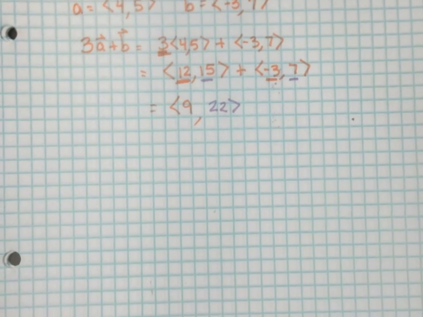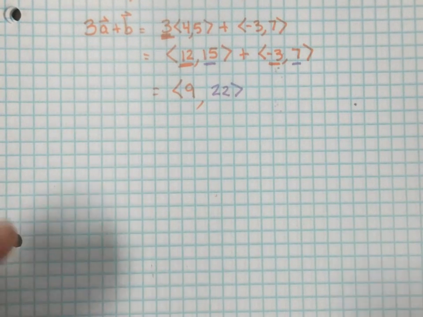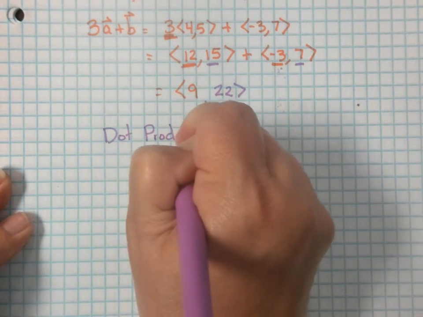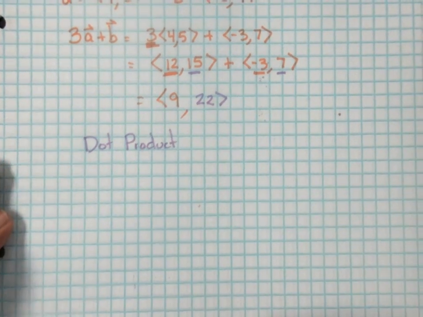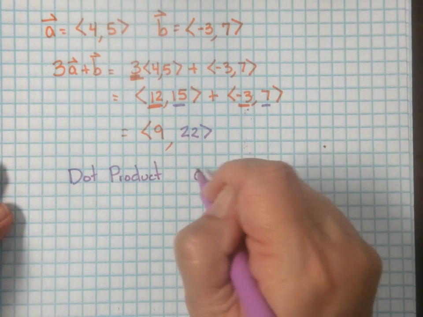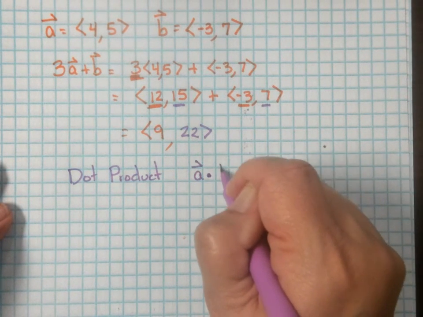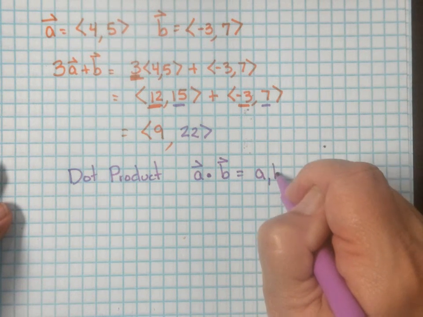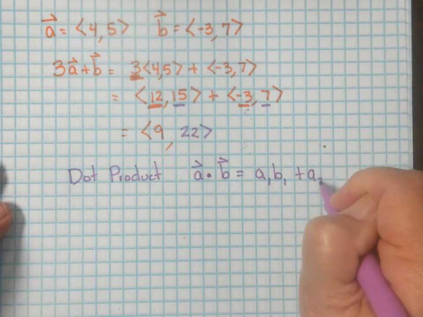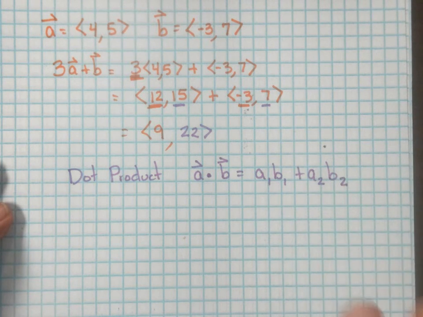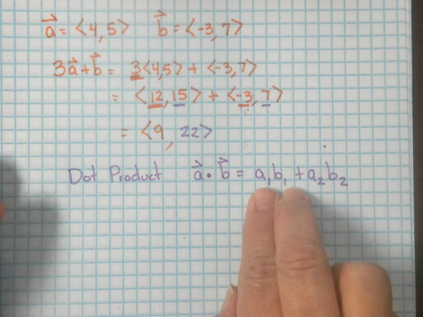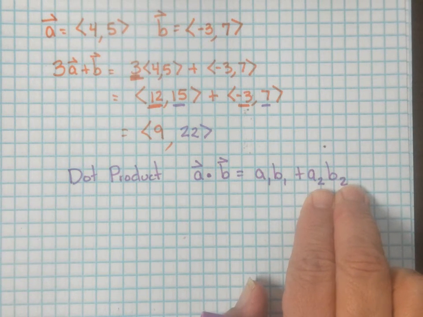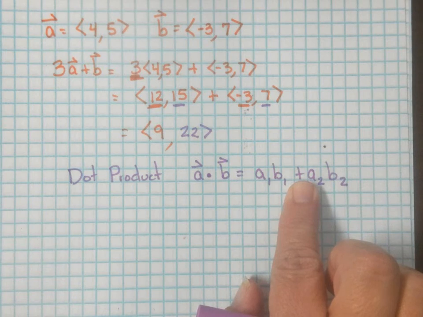All right, then the last thing before we play Look It is the dot product. So the dot product of two vectors, so if I have vector A dot vector B, that's A1 times B1 plus A2 times B2. So it's multiply the horizontal components together, multiply the vertical components together, and then add them.